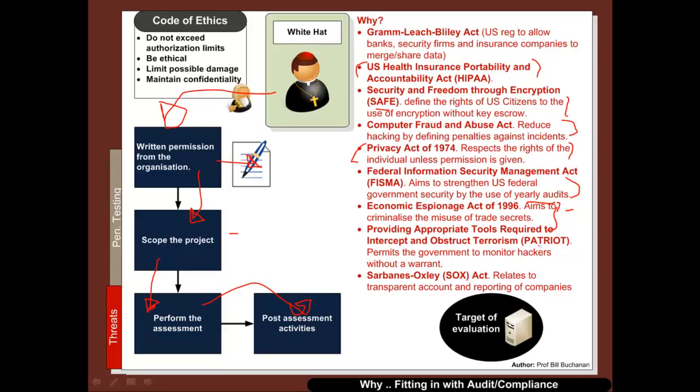And then we have the Patriot Act, which allows the government to monitor hackers without a warning. The equivalent in the UK is the RIPA Act, which allows the ISPs to keep track of suspects. Then we have the Sarbanes-Oxley Act, which is related to transparent accounting and reporting of companies.